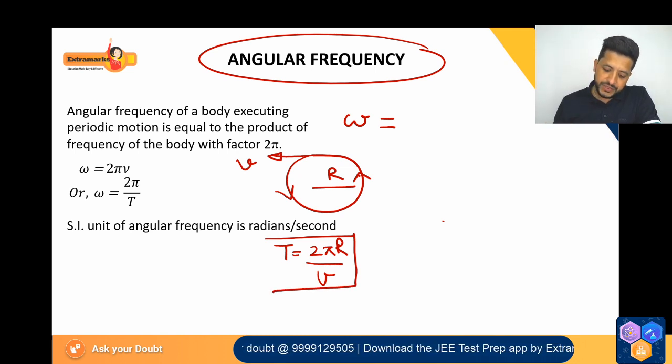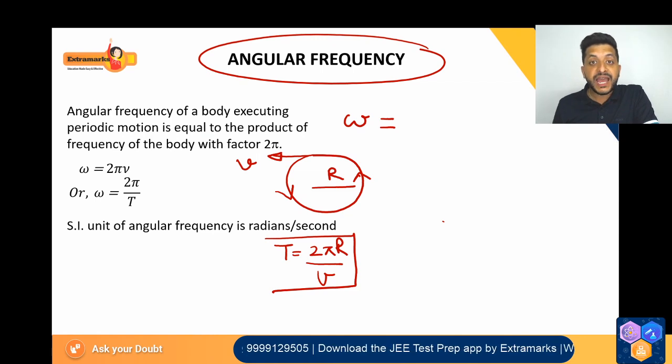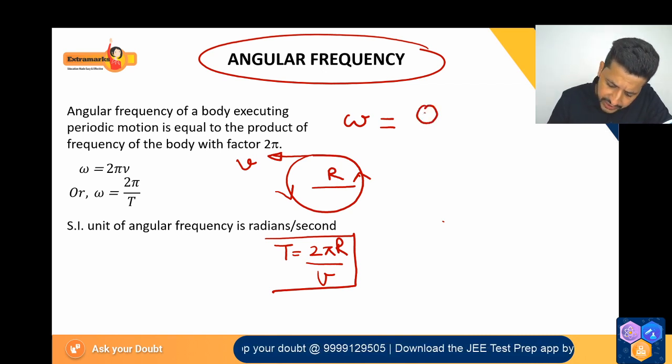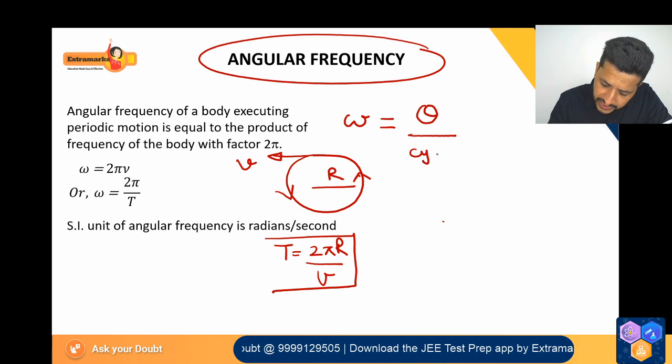Now what is angular frequency? How much angle is covered per unit time. Frequency is how many cycles are covered per unit time. Angular frequency: how much angle is covered in one cycle, per time period. So I will write theta, the angle covered per cycle.